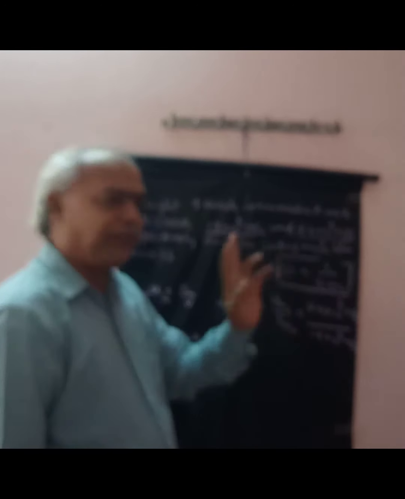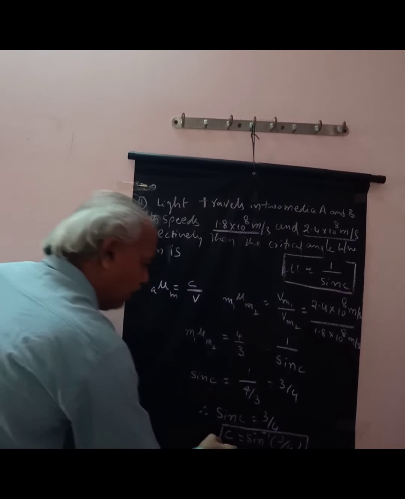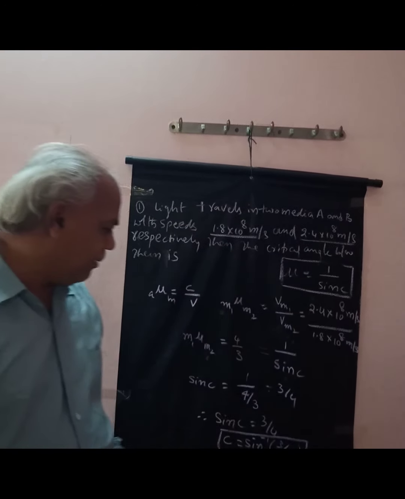Therefore, sin C = 3/4 and C = sin inverse 3/4. It is the critical angle between the two media.